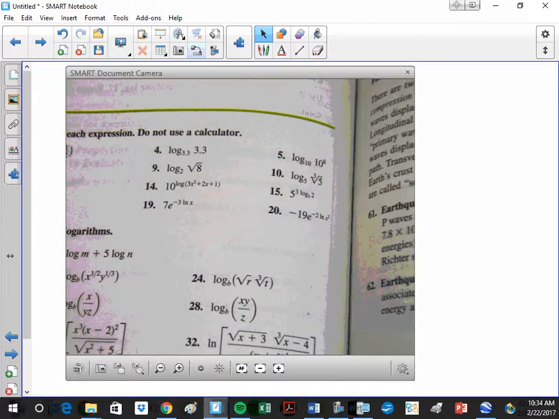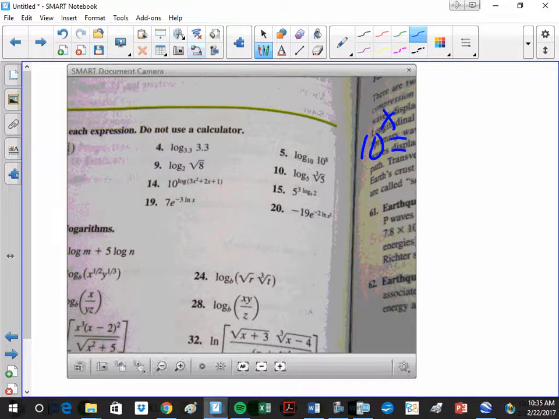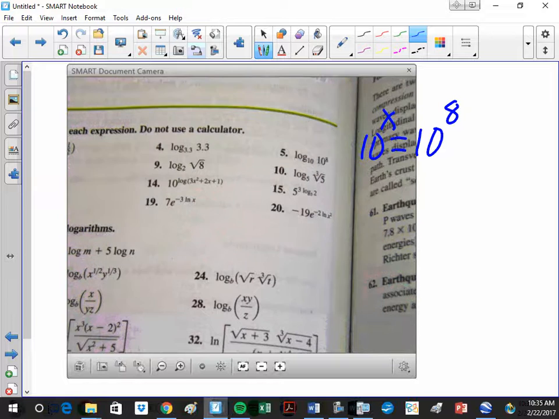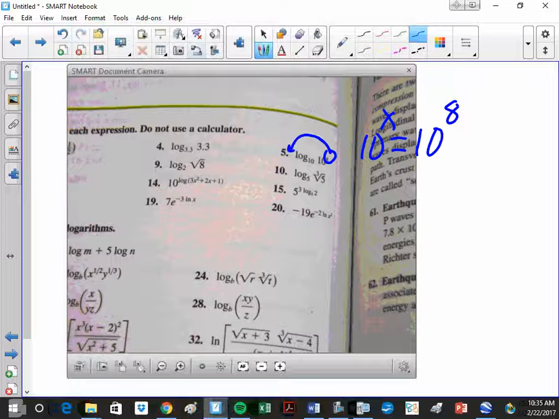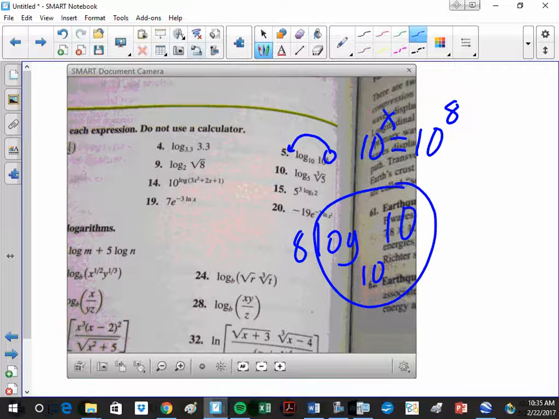You can either say 10 to the x equals 10 to the 8th, and it's obvious that x is 8. Or I can take this 8 and drop it out front, and I get 8 log base 10 of 10. Well, what is log base 10 of 10? 1, and 8 times 1 is 8.